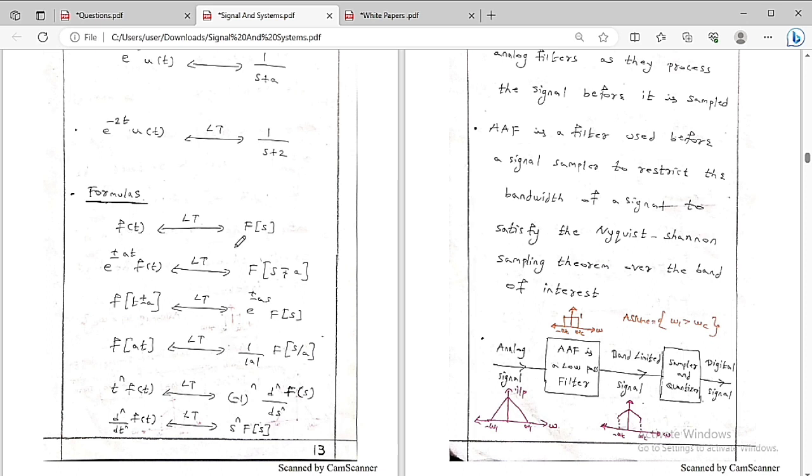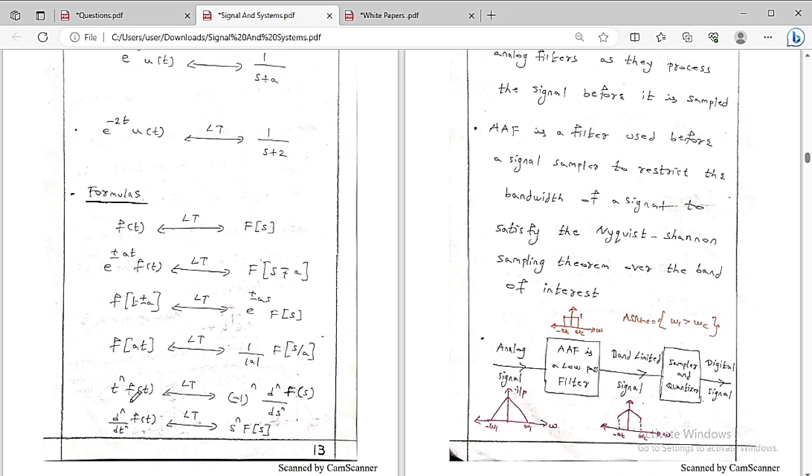So f of t has the Laplace transform F of s. E to the power of minus at into f of t has the Laplace transform F of s plus a. F of t minus a has the Laplace transform e to the power of minus a s into F of s. F of at has the Laplace transform 1 by mod a into F of s by a.